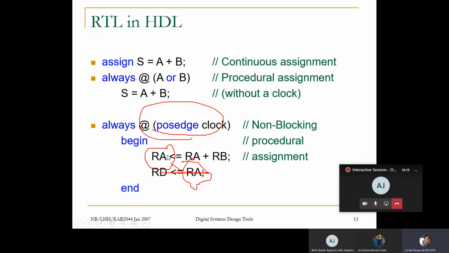So RA is showing the output of these registers, and RA plus RB is the summation which will fit into the input of the registers, but it will not be flopped to the output until there is a positive edge. So it's like we're holding the value at the input. RA plus RB is held at the input of the register RA, and it will only flop to the output of the register RA at the positive edge of the clock. Is that clear? Yep.